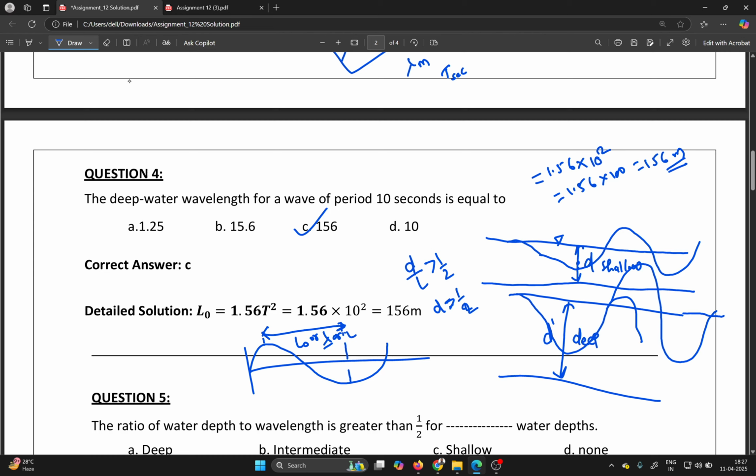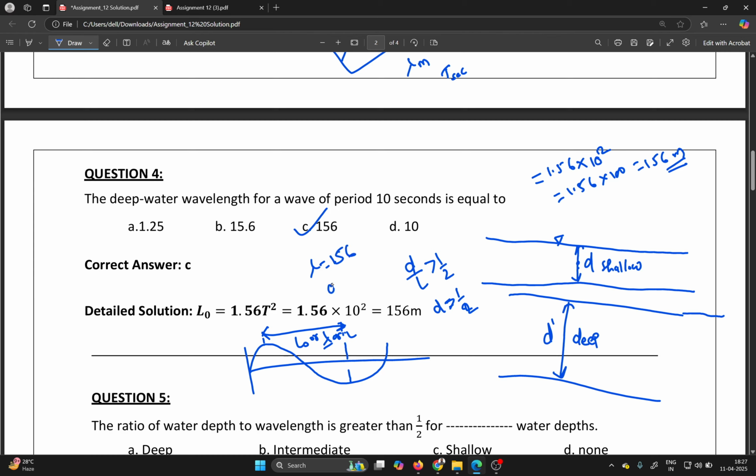No, the question is not that. The question is, okay, the question is your depth will be half of the wavelength. Let us suppose the wavelength value is 156 meter for the previous question.